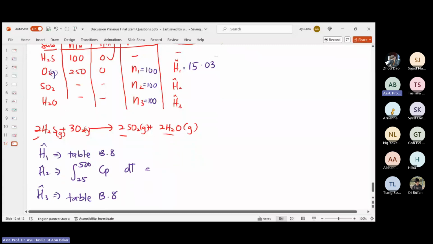Okay, I give you the answer. For H2, you should be getting 22.1905. H3, 17.01. Okay, so using all the inputs over here, substitute in the main equation.